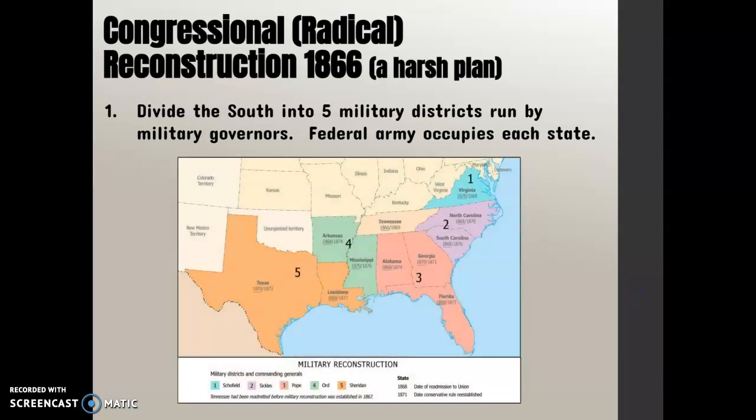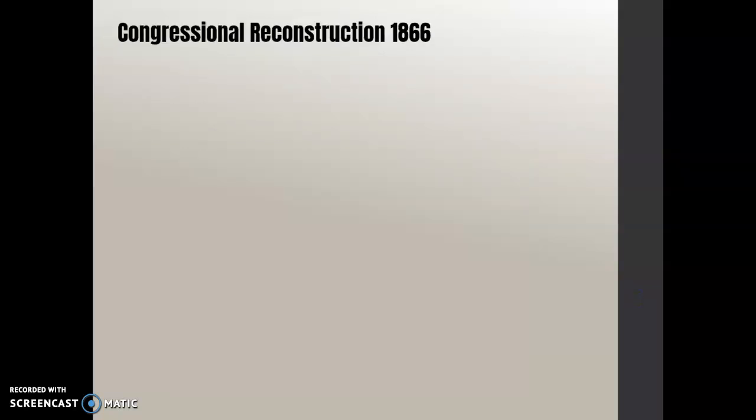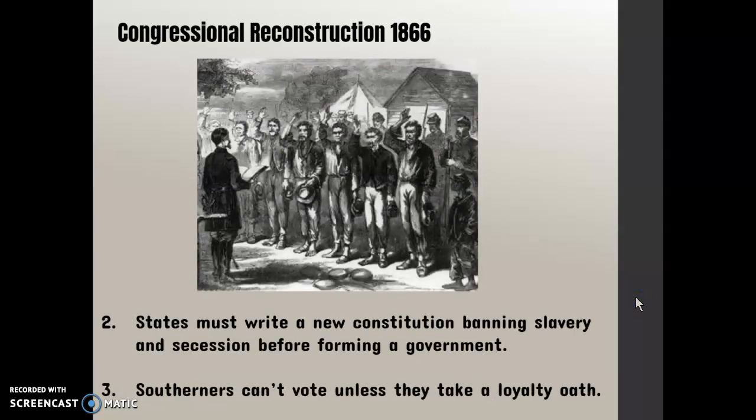First, they're going to divide the South into 5 military districts run by military governors, and the federal army is going to occupy each of these states.